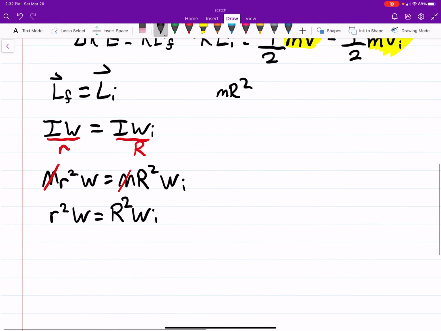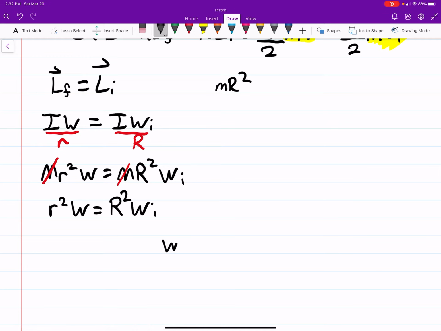The next thing we need to know is that omega is equal to your velocity over your radius. This is the relationship between angular velocity and linear velocity. Again, the r is going to depend on when.